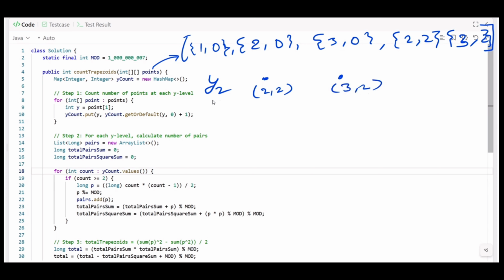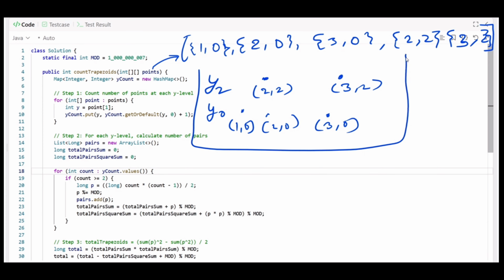When y equal to 0, the points are a little on this side. Here it will be 1 0, then we have 2 0, and then we have 3 0. This is the Cartesian plane, and these are the given points we have in the array.